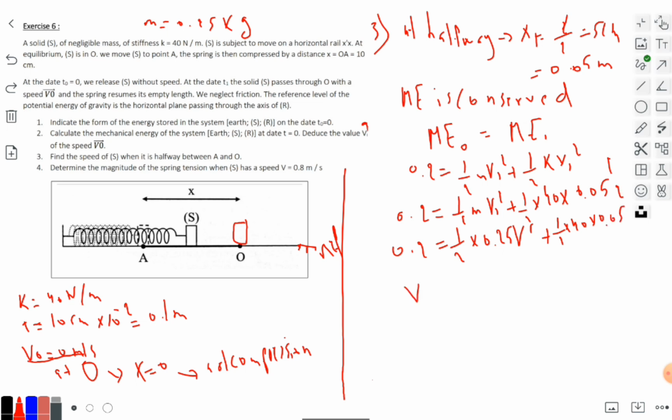We obtain V1 square equal to 1.2 and then V1 equal 1.095 meter per second.